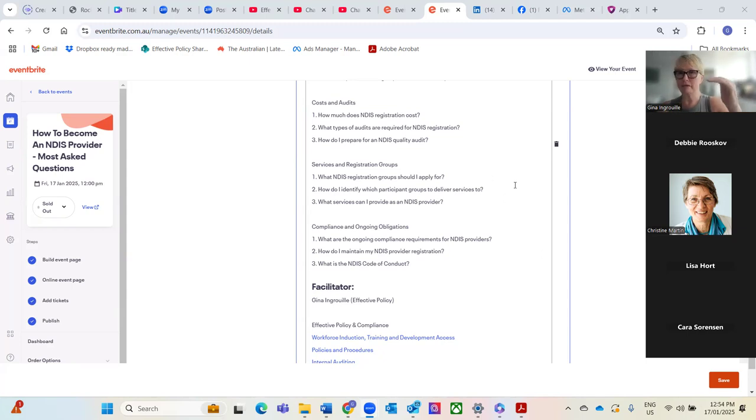There are organizations that have been suspended. There are organizations who have bannings as well. So you'll see that the NDIS Commission have started to do their job.